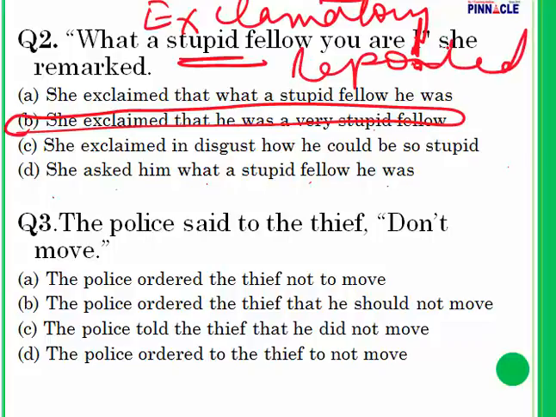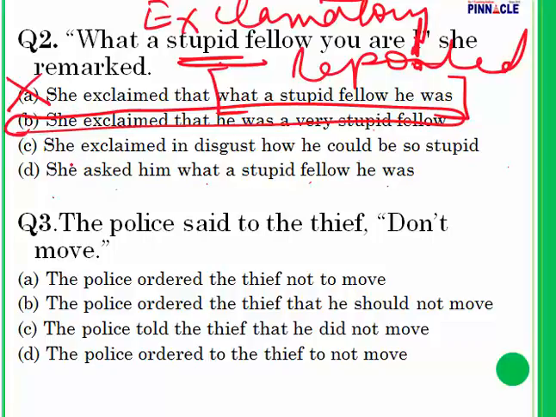And when we change exclamatory to direct speech, we have to change this also to a simple sentence, which has not been done here. You have simply copied what a stupid fellow he was. So A gets eliminated. B is my answer, as I told you.